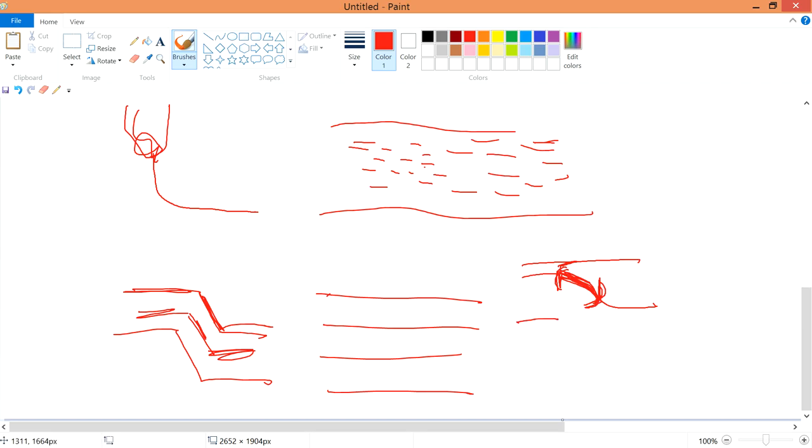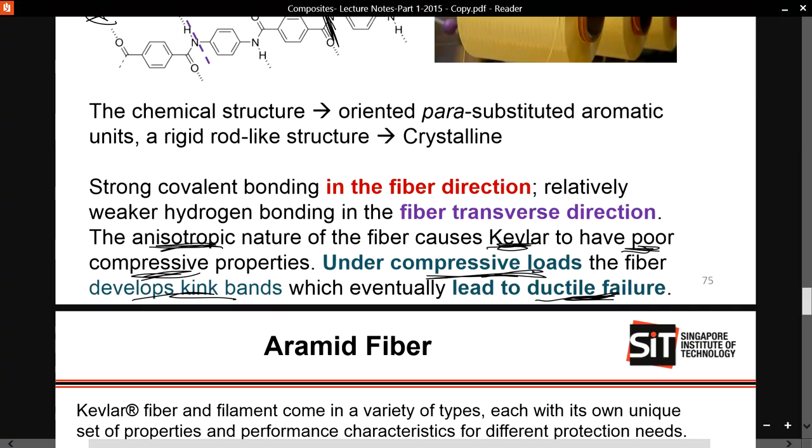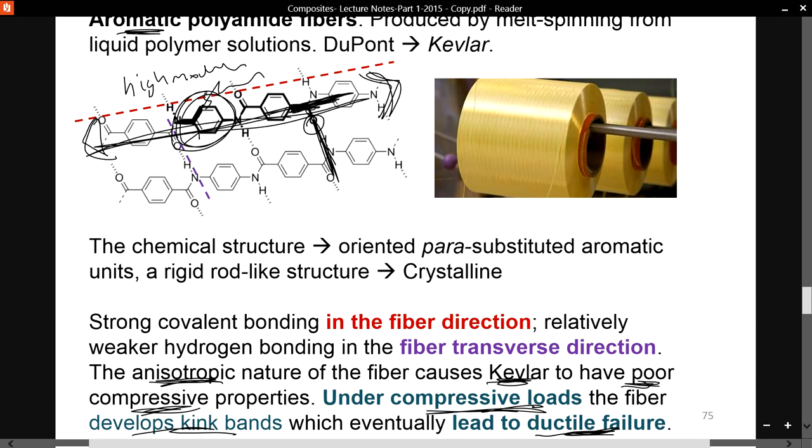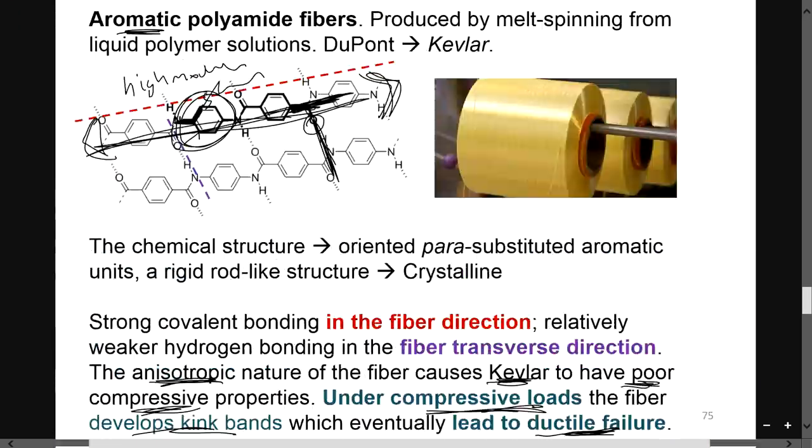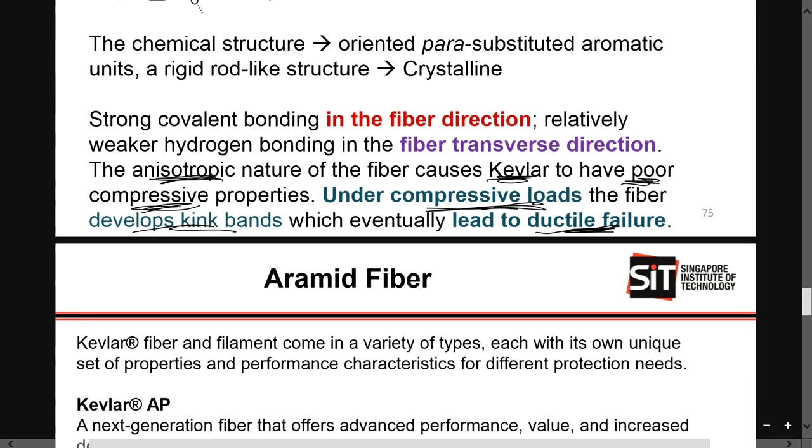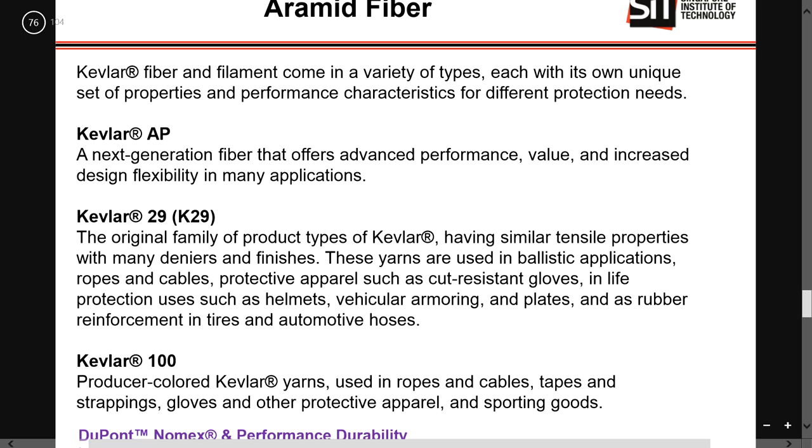It stretches and it will break, and it becomes two pieces, something like this. Hopefully you get what I mean. And therefore this is why it is called a ductile failure. Take note that I may be wrong, okay? But nonetheless, let's carry on with this.